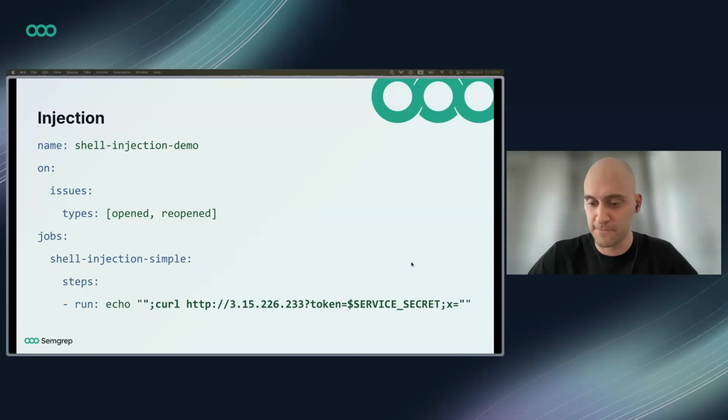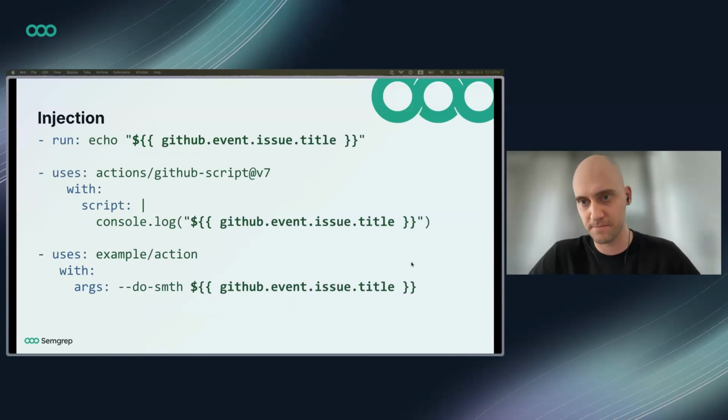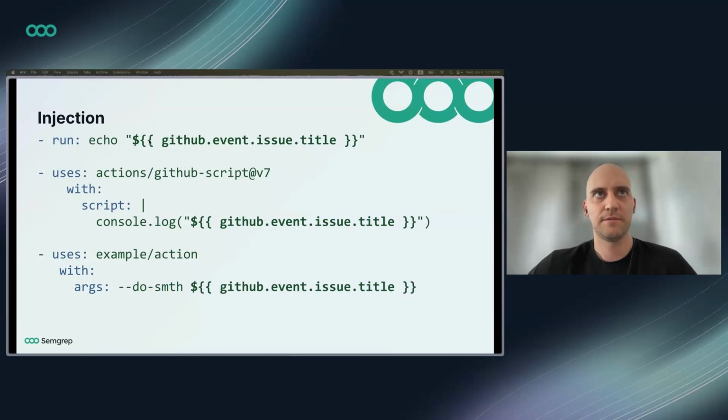Where can this situation happen? In many places. Basically, wherever you see the injection point, the curly braces, there can potentially be a vulnerability. First of all, when it's inserted into bash commands, into this run parameter. There is also a very popular action for running JavaScript.